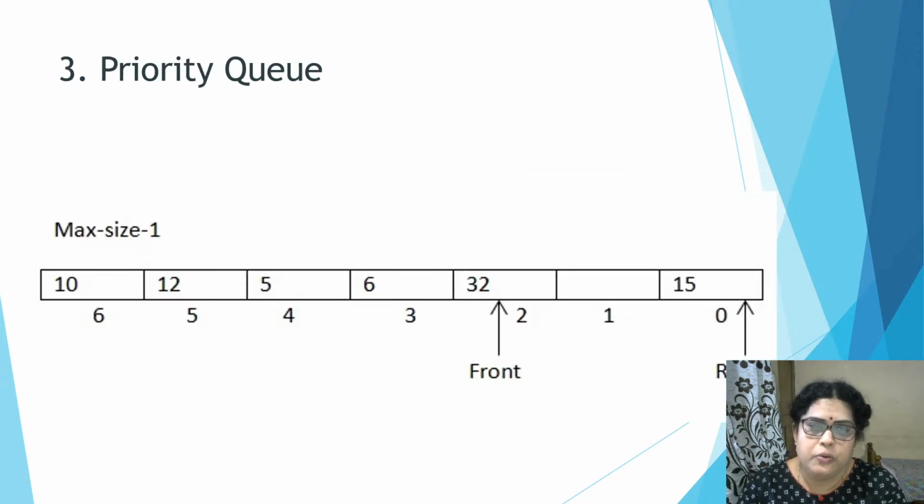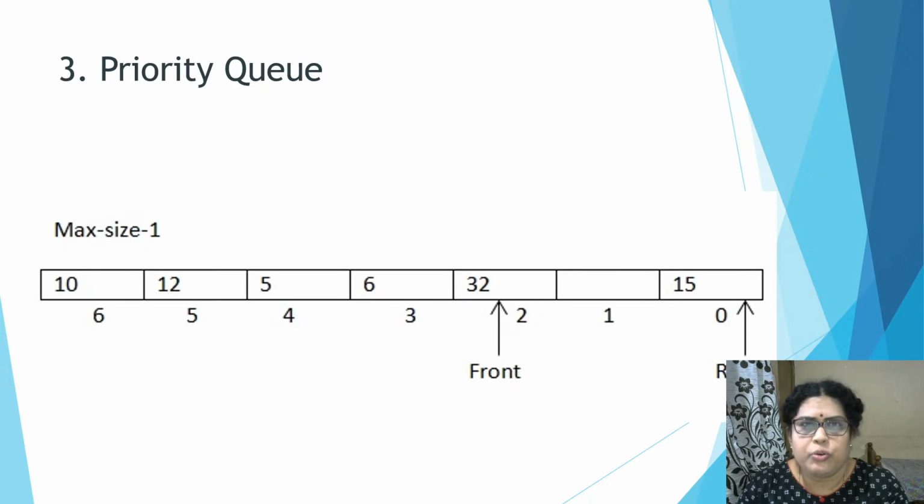And priority queue is one where, see, the word priority means it comes in some order. For example, in your class, some priority may be given for some students. Let us say that some students are going in a van. So they may say that these van students need to leave 5 minutes earlier than the rest of the students.